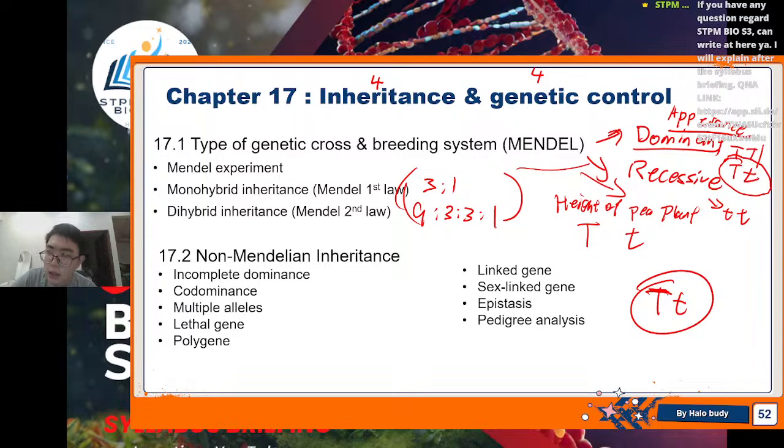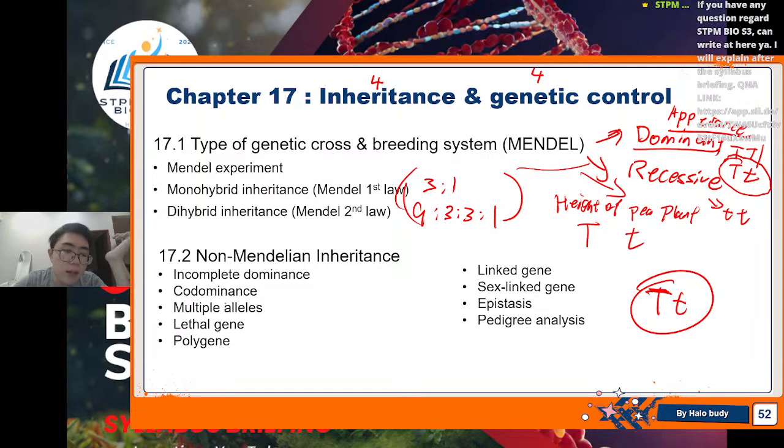In hybrid, which we call heterozygous, it may appear as the dominant characteristic, or it may appear as another type of characteristic.